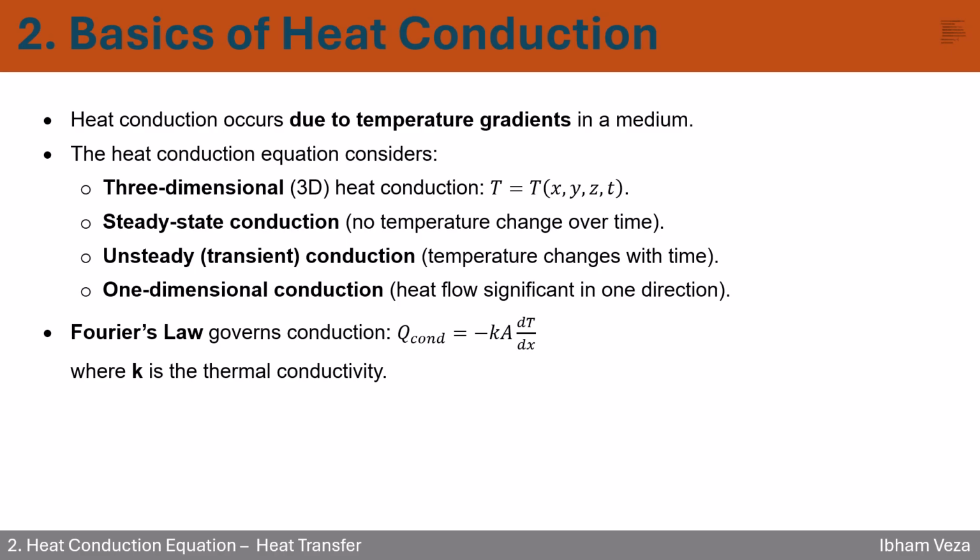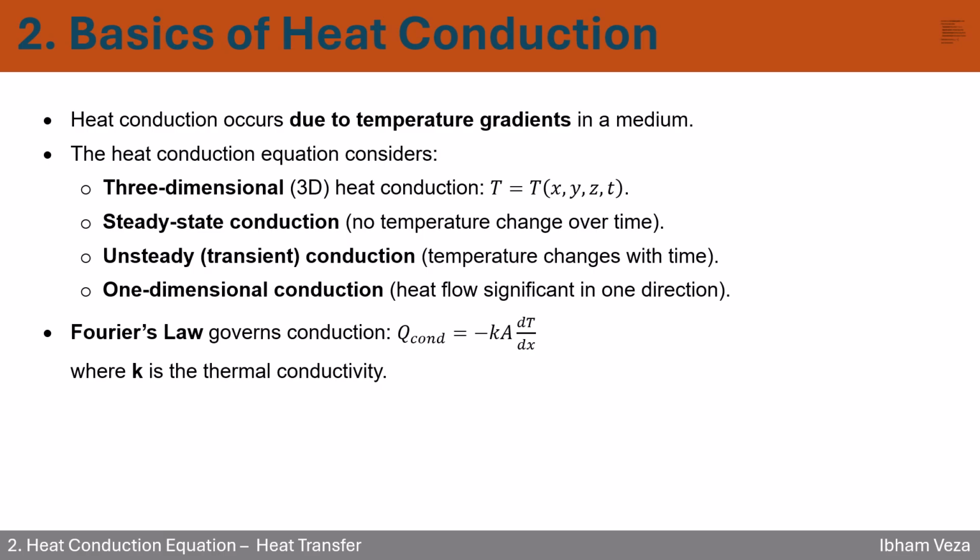Let's start with the simplest question. Why does heat flow? The answer is temperature gradients. Heat always flows from hot to cold, and we model this using the heat conduction equation. You'll see it applied in 3D problems, steady and unsteady cases, and in 1D simplifications.